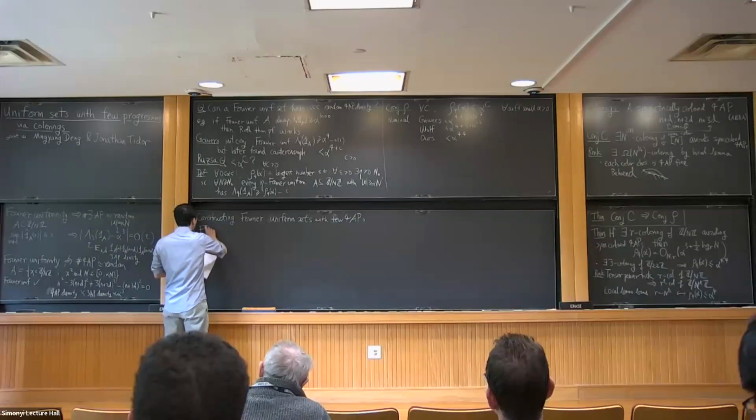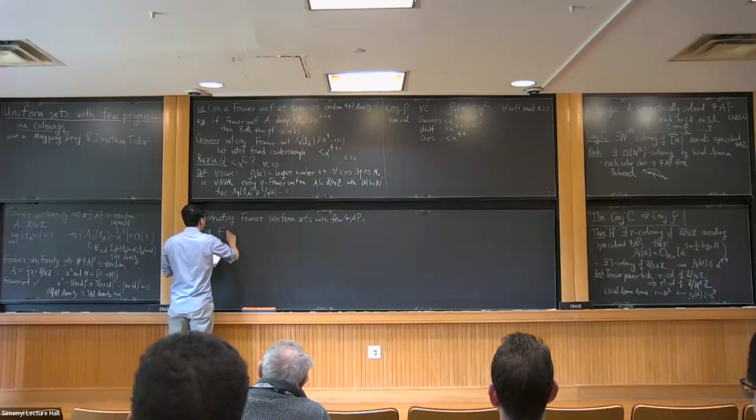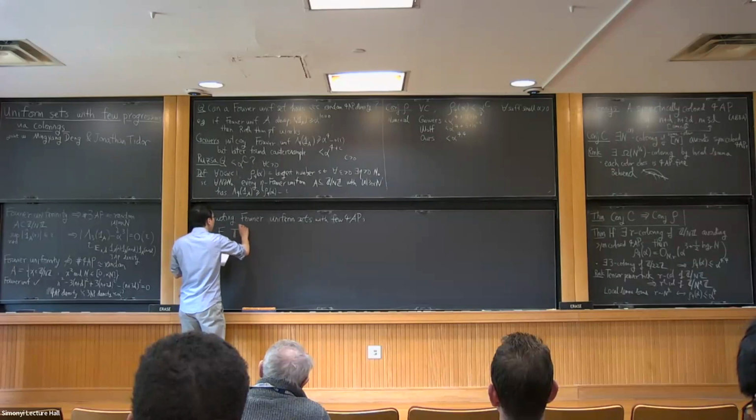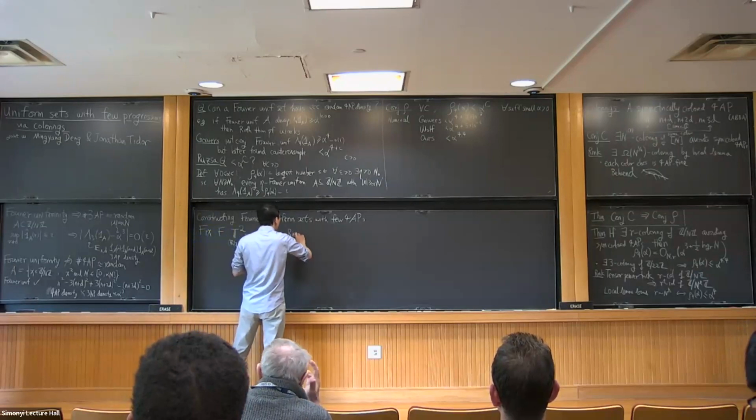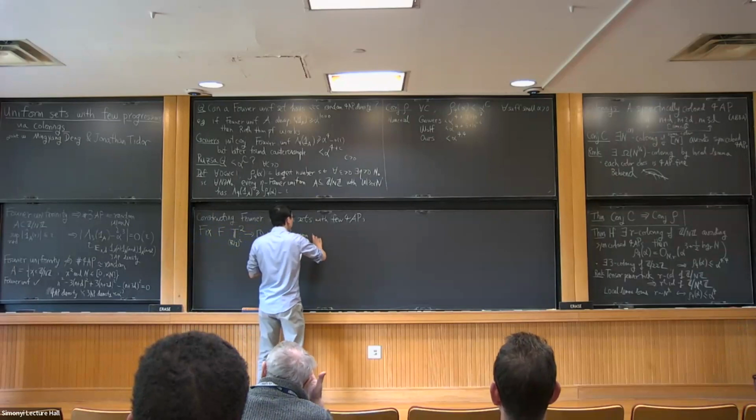The idea is to first fix some function F from the torus T squared to [0,1], and let's assume that everything we're working with is Riemann integrable.